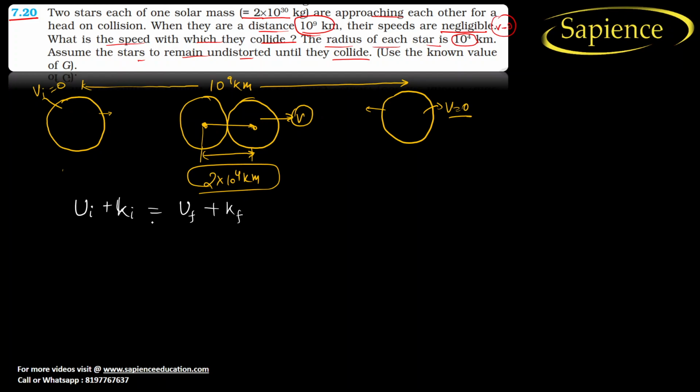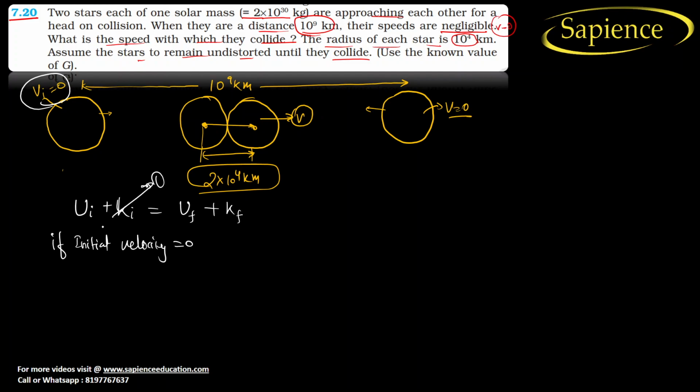Okay, now you know that initial velocity is 0, or approximately equal to 0, so we can take it as 0, right?